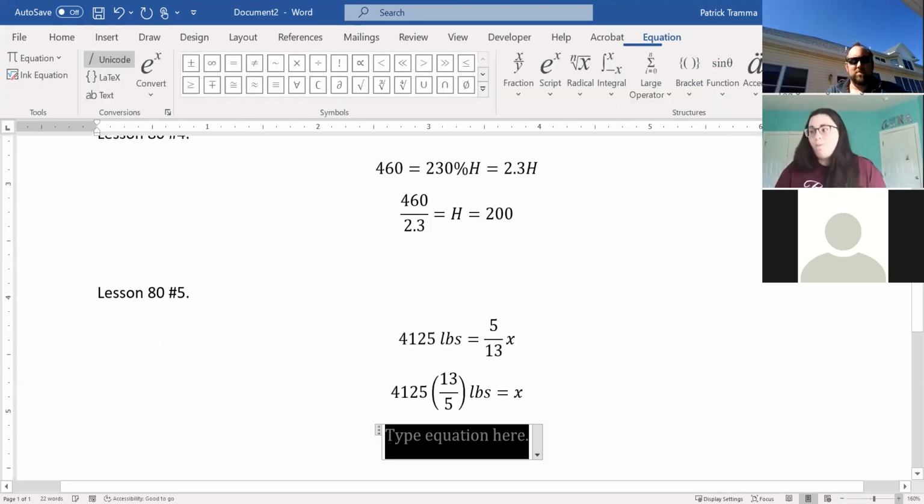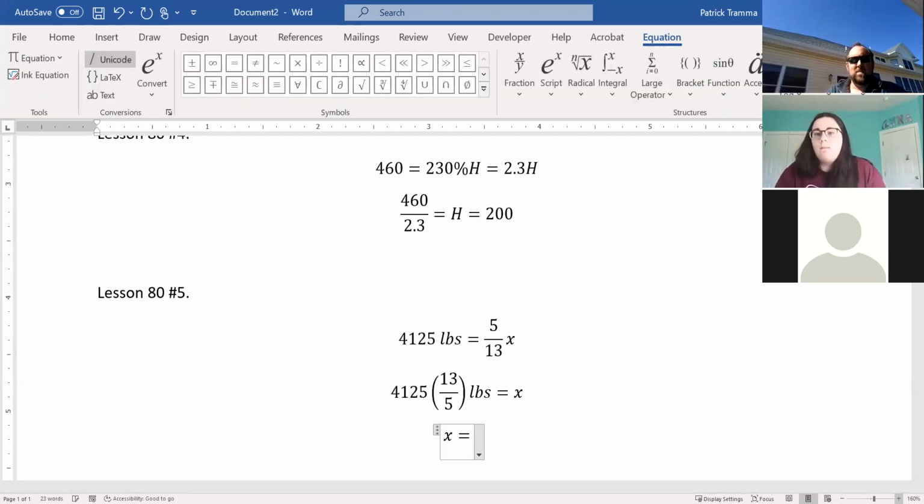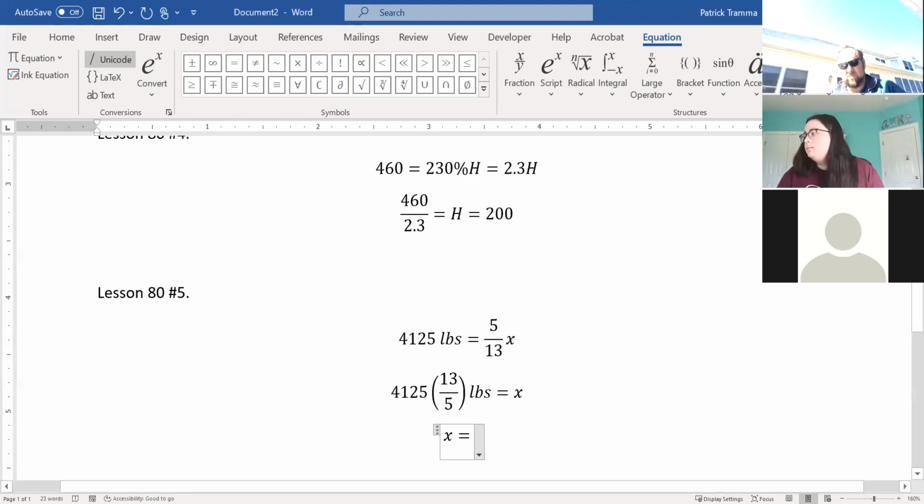What does x equal? Use your calculators. Do I have to divide 13 by 5? Yeah, and then multiply by 4125. So 13 divided by 5 is 2.6.